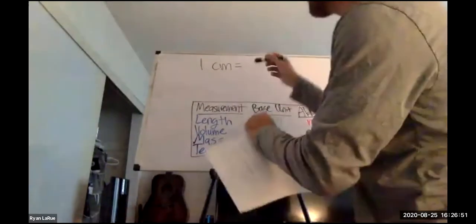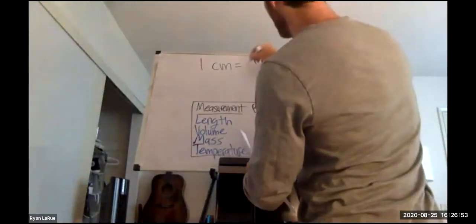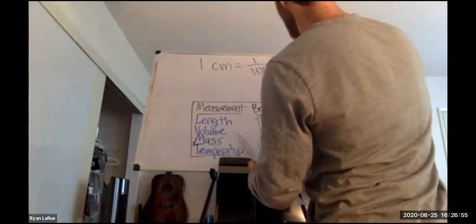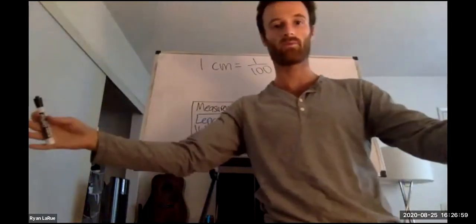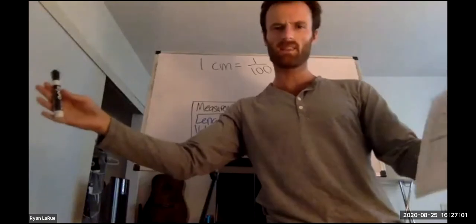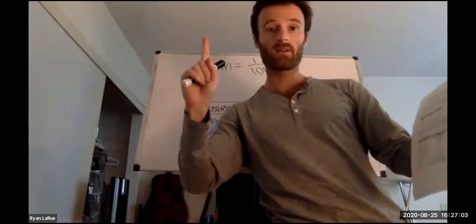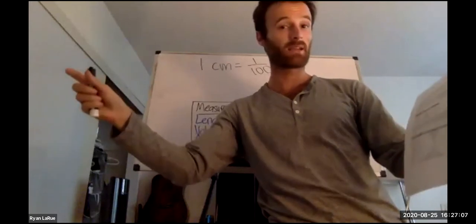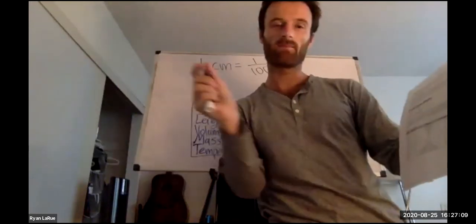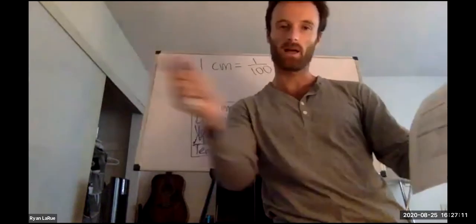It always refers to the base unit. So 1 centimeter is 1/100th of a meter. If you've ever seen a meter stick, I usually have one in the classroom, it's like this big. 1 centimeter is 1/100th of that meter, meaning 100 centimeters will fill up that entire meter.